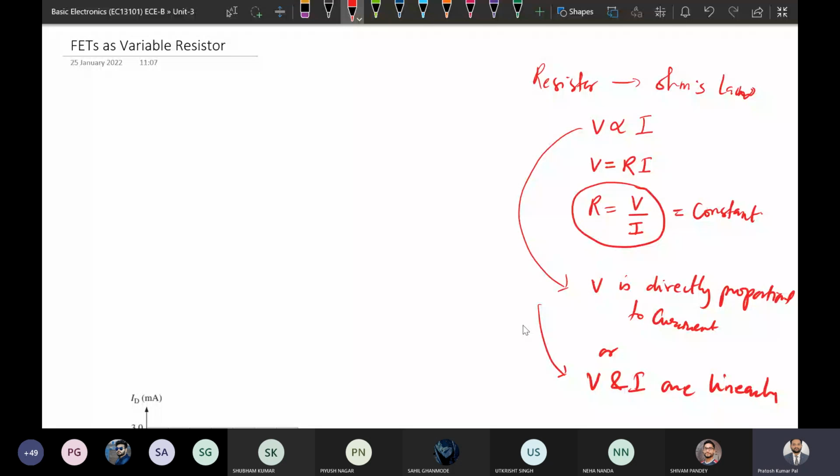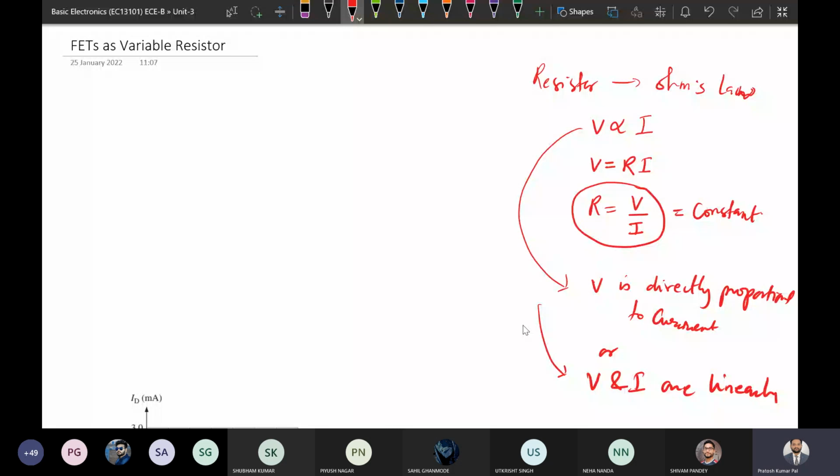There is a region initially where the current and voltage relation seems to be linear, which is the ohmic region, and the later region is called the saturation region. In the ohmic region, the JFET operates somewhat like a resistor, where the VI ratio is constant.